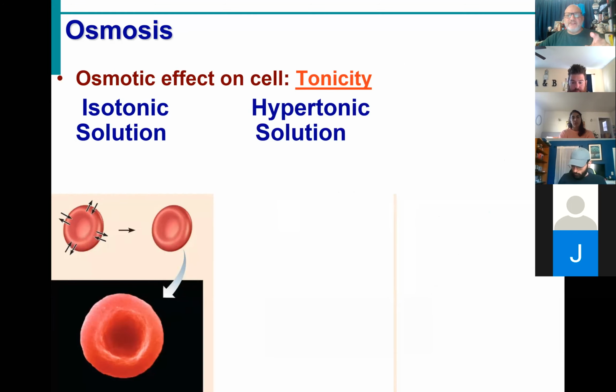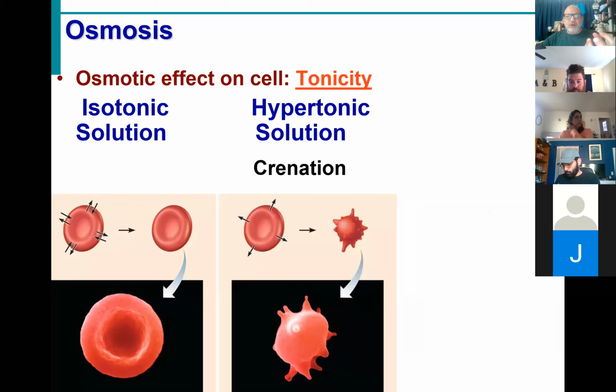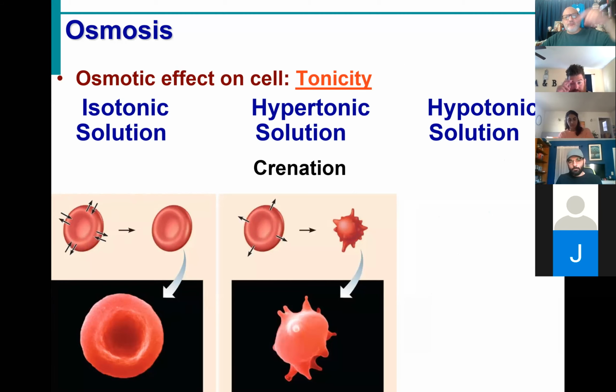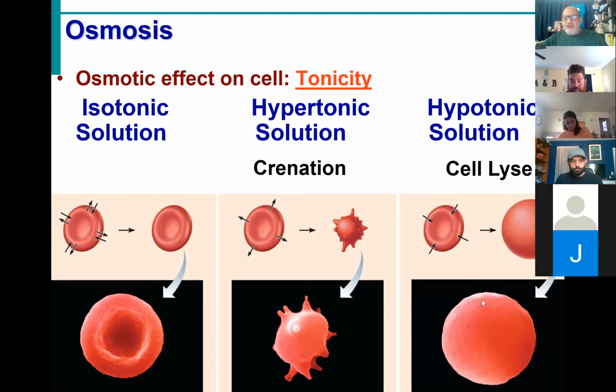Hypertonic solution, which way does water move in a hypertonic solution again? Out. Out of the cell, causing the cell to crumple up in that crenation. And that means in a hypotonic solution, water goes in, causing that red blood cell to swell up like a big balloon. And if it swells up too much, it can actually rupture and burst. That cell can lyse.